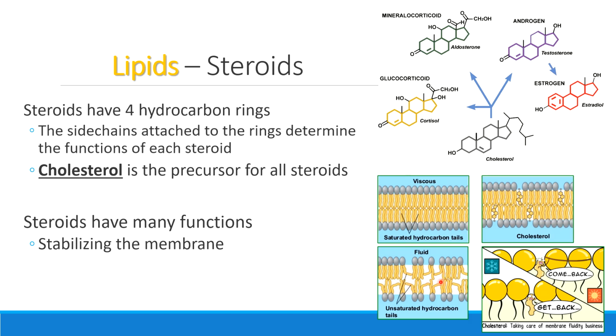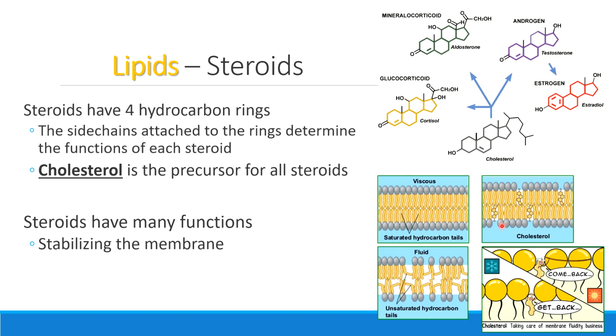And when they're unsaturated, this leads there to be some space in between those phospholipids. This membrane is not particularly stable. That's where cholesterol comes in and wedges in between those fatty acid tails, helping to stabilize the membrane, or helping it so that these unsaturated fatty acids don't move too far away from one another.